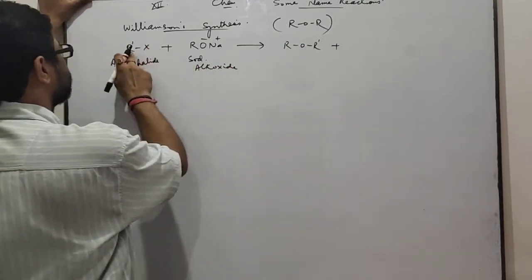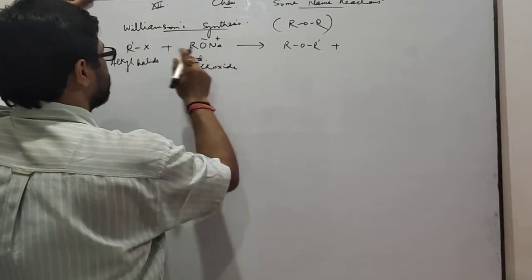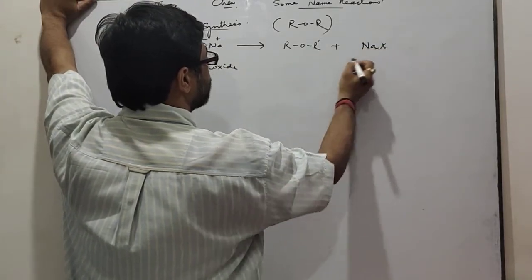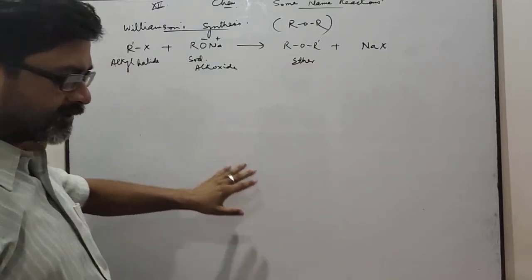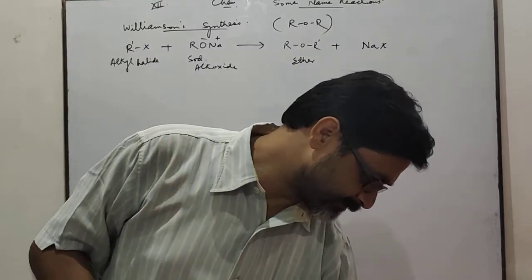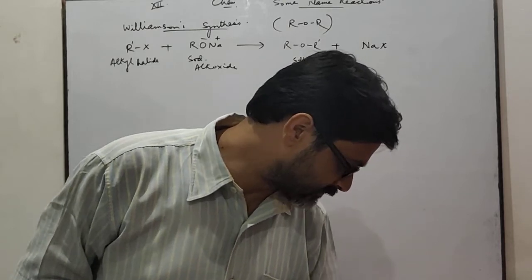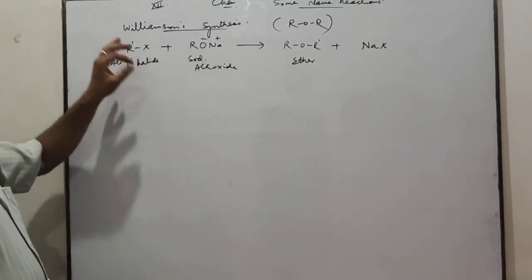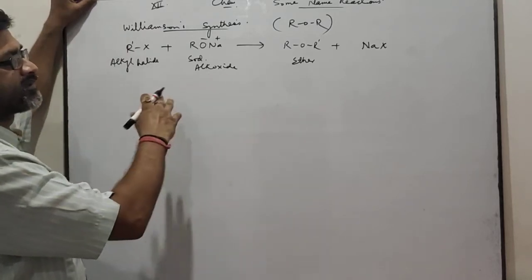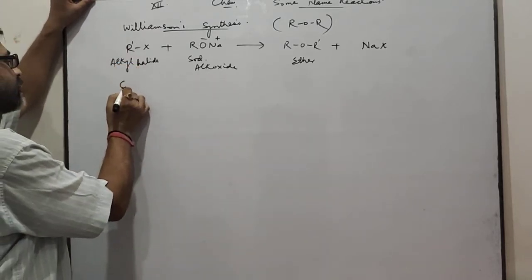This one is ether, and this Na combines with X to form NaX. Both symmetrical and unsymmetrical ethers can be prepared by this method.